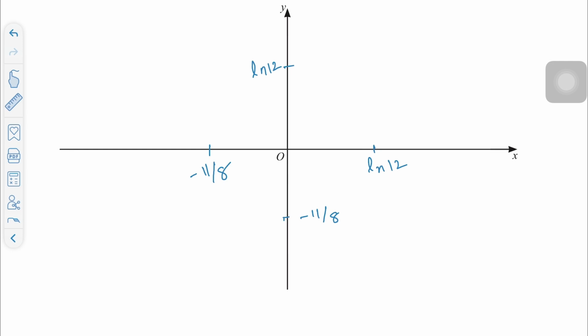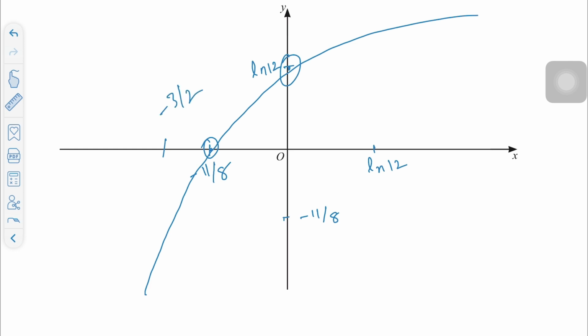So we have our f of x, where when y was 0, x was negative 11 over 8, and when our x was 0, our y was ln 12. So this would be something like this, since it can't go beyond negative 3 upon 2, right?